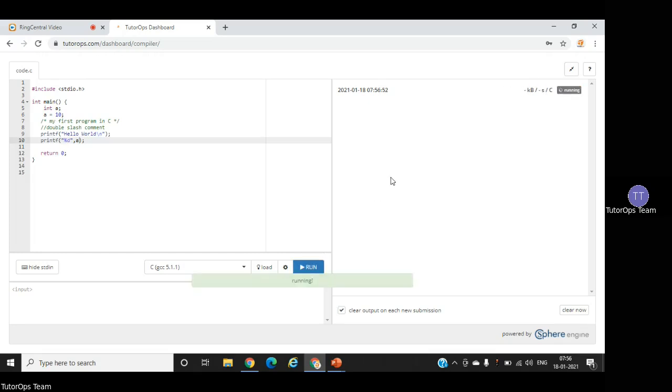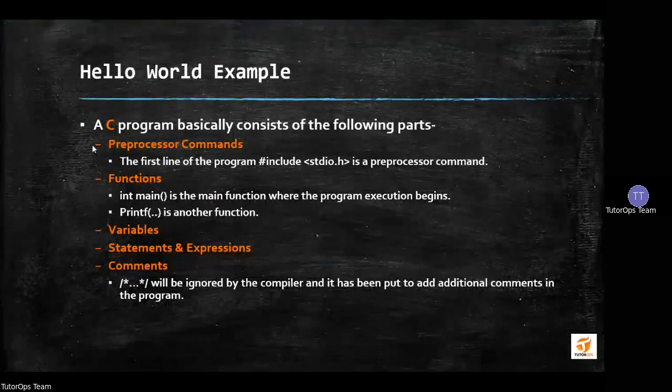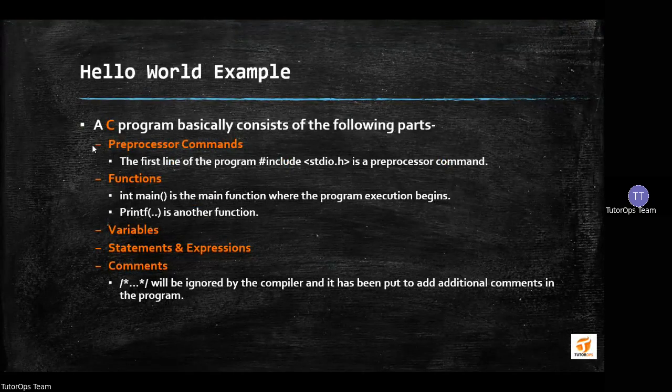And when we run this program, it prints hello world 10. So int a is a variable with a data type of integer. This is the third part of a program, which is called variables.